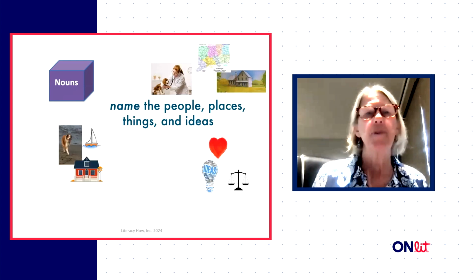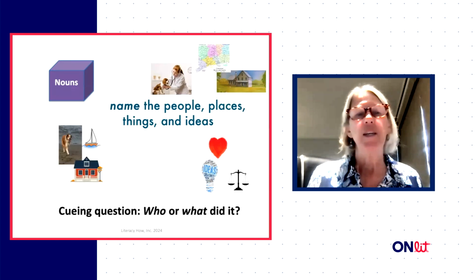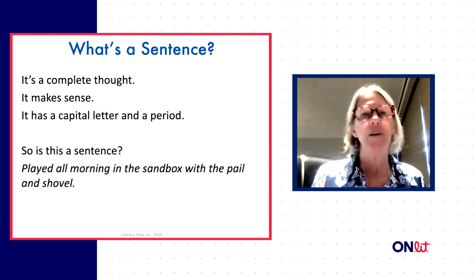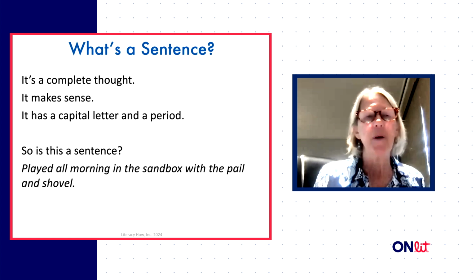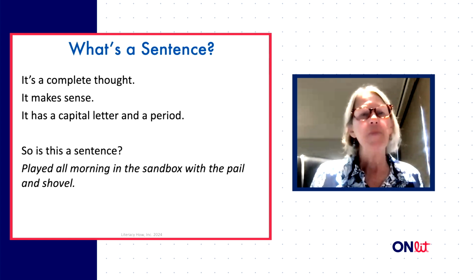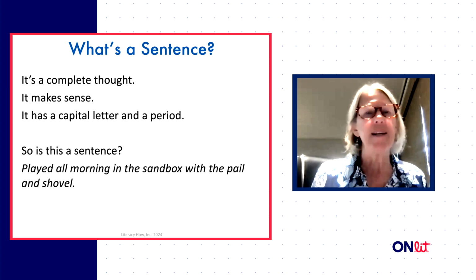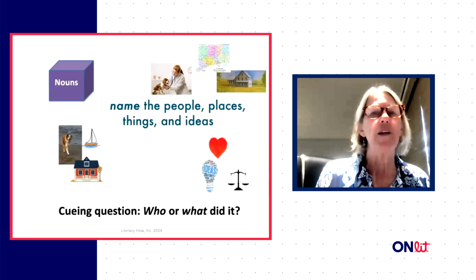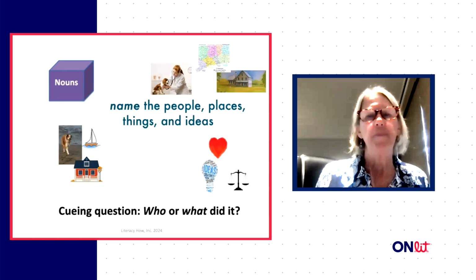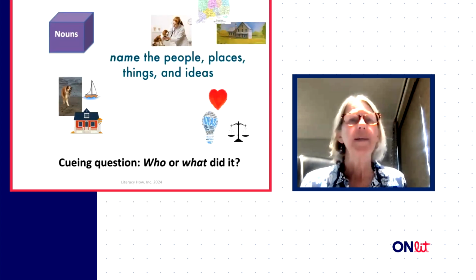That's the concept. And so to cue the kids, if they write a sentence like this one, "played all morning in the sandbox," you would say, who played? Oh, I played, but I don't see that in the sentence. So that's the question. We want to cue them with who did it or what did it.